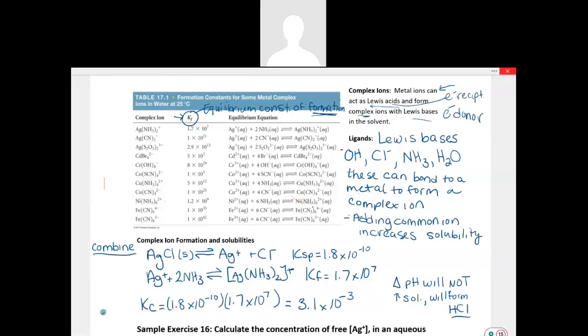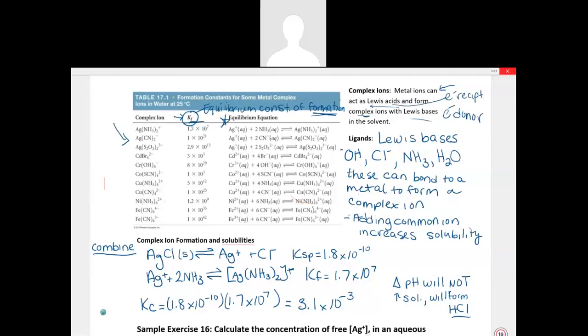So what we see here are some common complex ions that we may encounter, their Kf values, and to help out, our equilibrium equations are given here in this table as well.